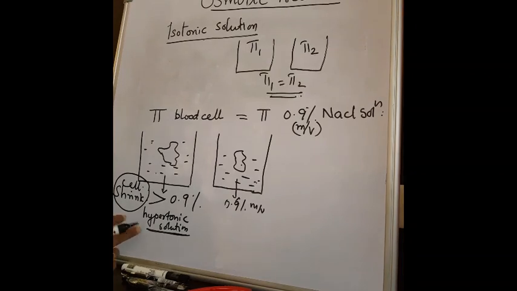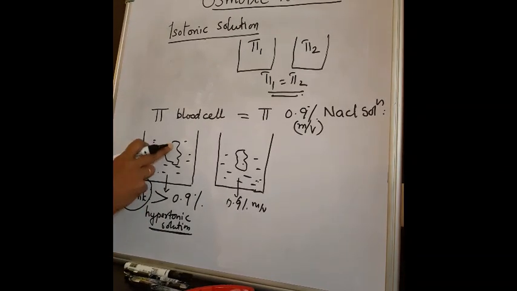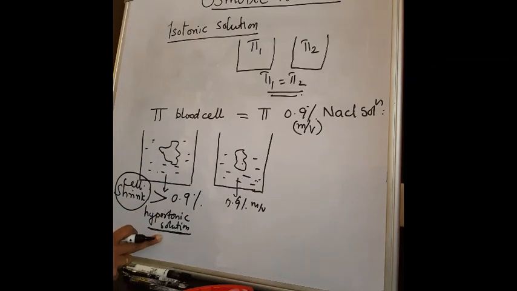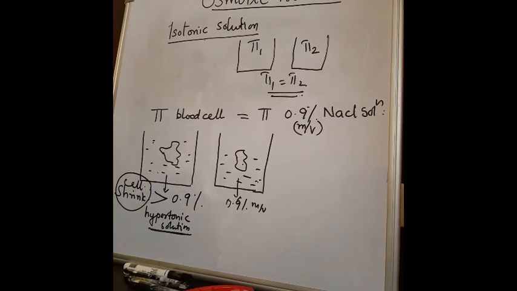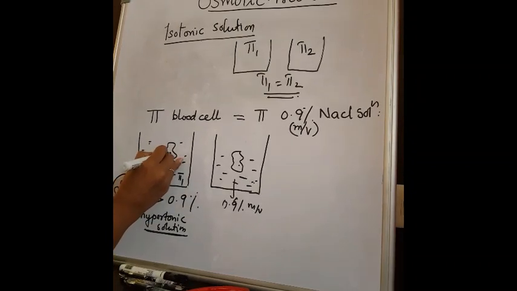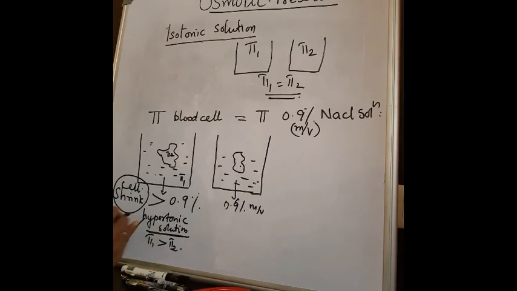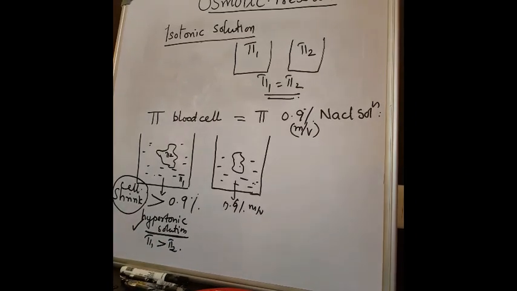Got it? A solution in which the osmotic pressure is greater than the other one is called a hypertonic solution. For example, if this is pi 1 and that is pi 2, we can say pi 1 is greater than pi 2. This is an example of a hypertonic solution.